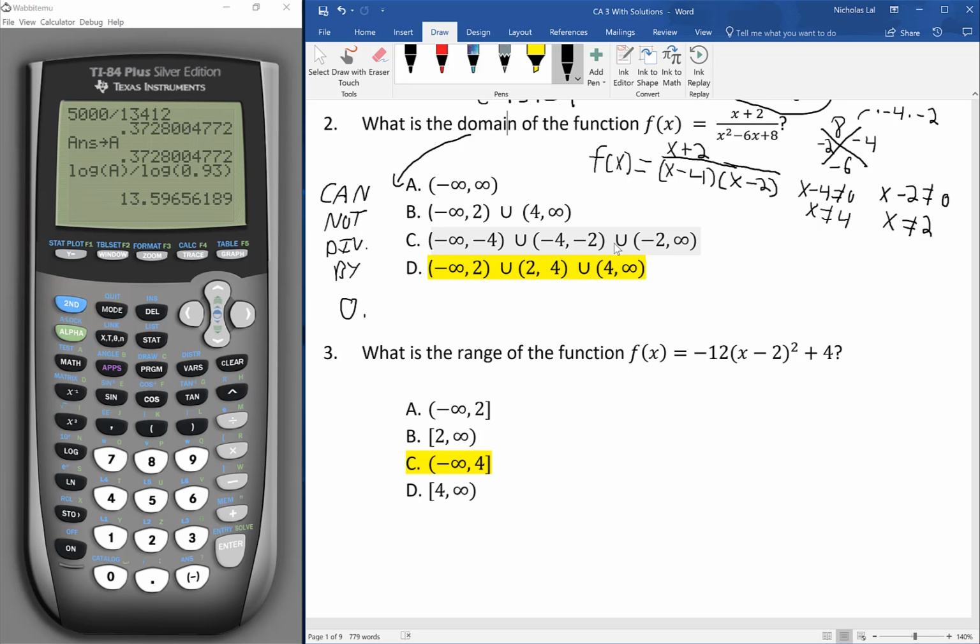Setting up the domain in interval notation, that's just going to be from negative infinity to 2 union 2 to 4 union 4 to infinity.